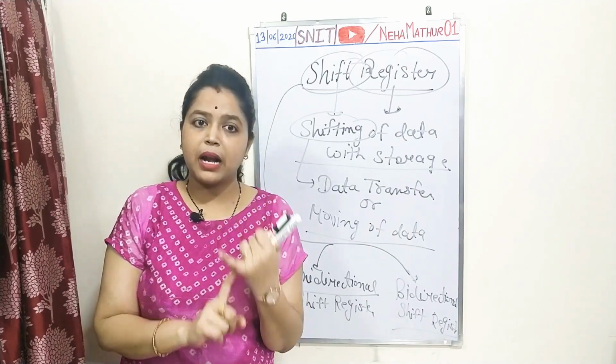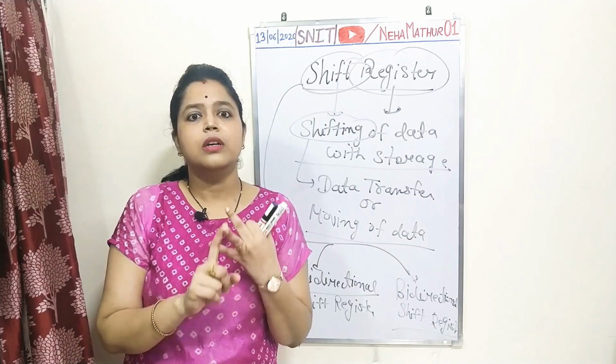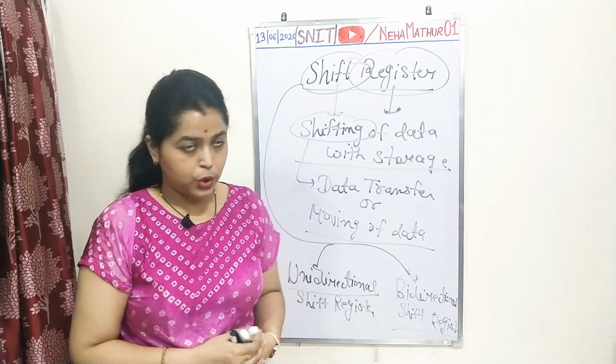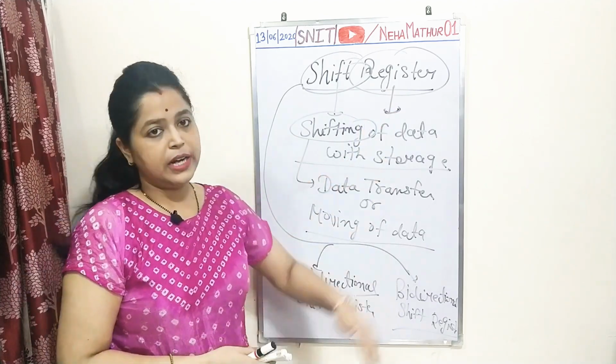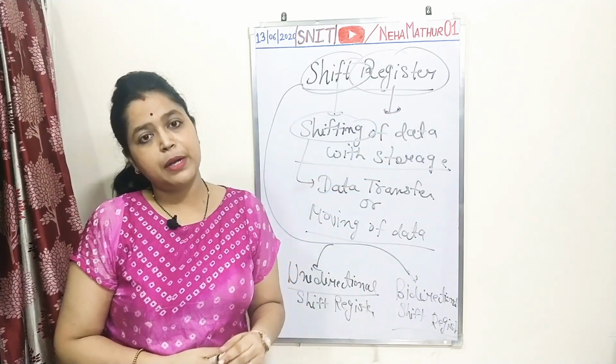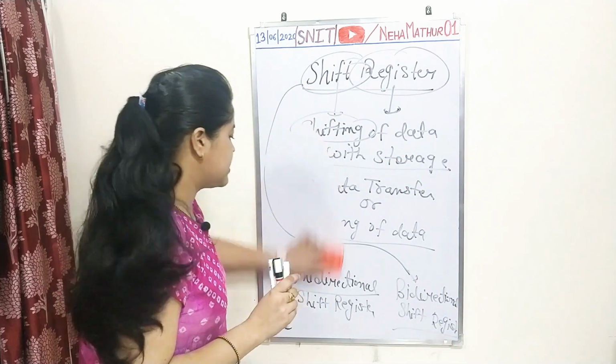The third is parallel input parallel output, and the fourth is parallel input serial output. These are the four modes in which the circuit can be operated, which I already discussed in detail.